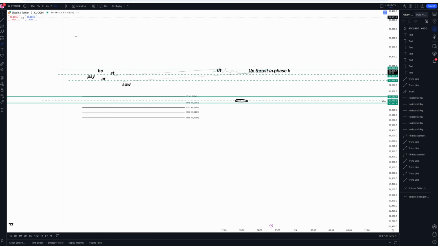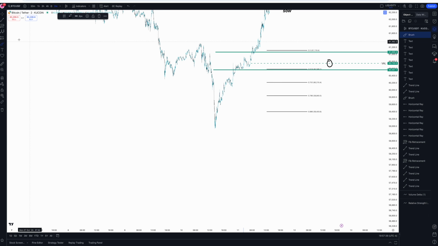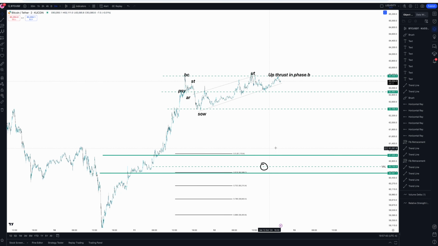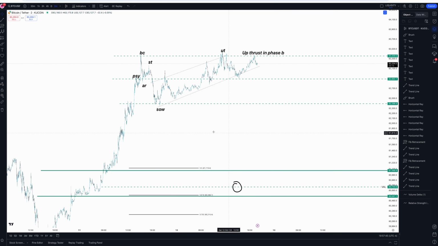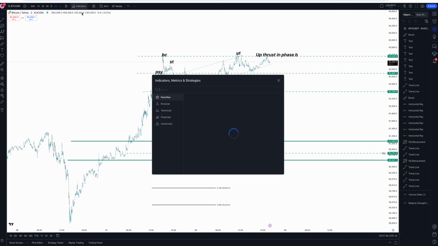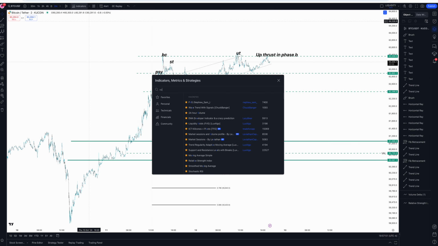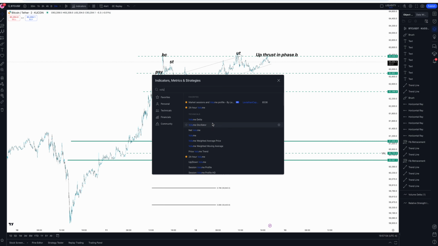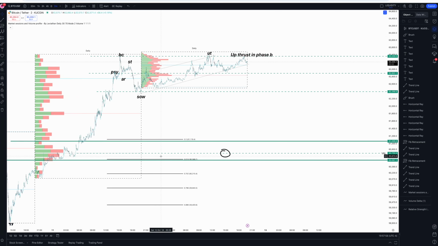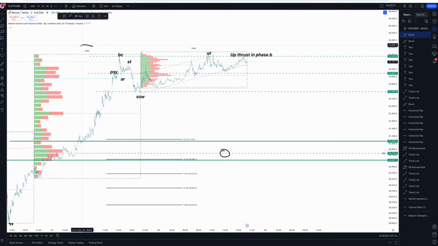So we'll go down here to the 2-minute time frame, and we would be targeting the value area low on Friday's session, which would be sitting at 60,750. You see this was Friday's session right here.